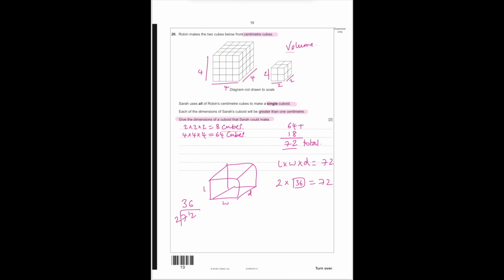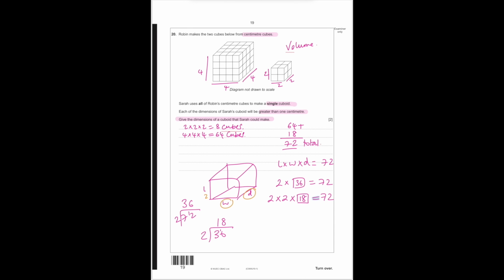All right, but I want 3 measurements. So if this was 2, I need 2 numbers that would make a product of 36 here. So again, 36 is even, so I could have 2 times 2 times something. Well, let's do 36 divided by 2. 18.